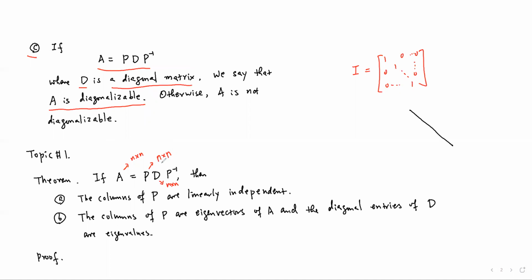If this equation is true, then the columns of P are linearly independent. Okay, part B. The columns of P are eigenvectors, and the entries of D are eigenvalues. How to see part B?